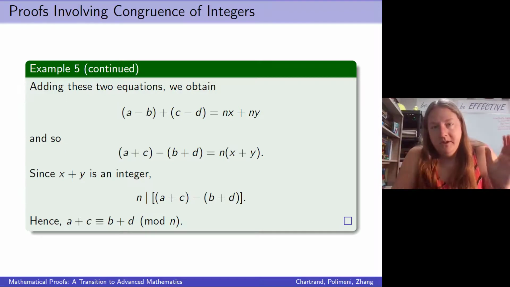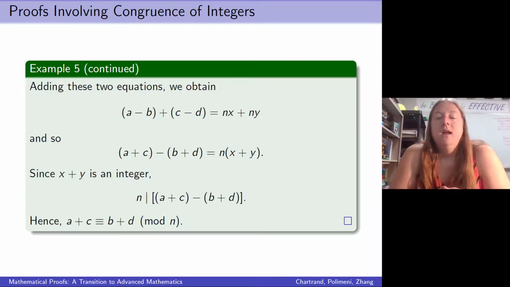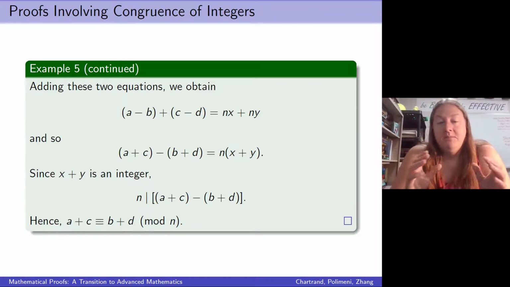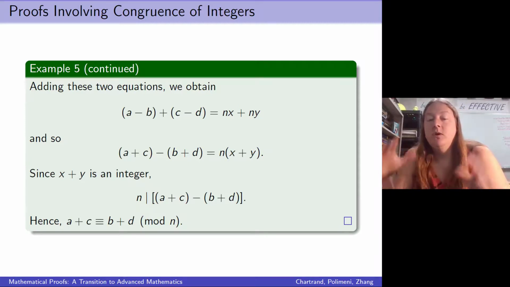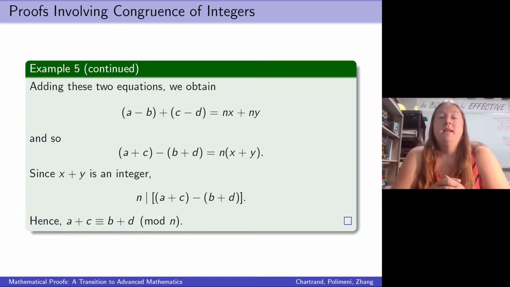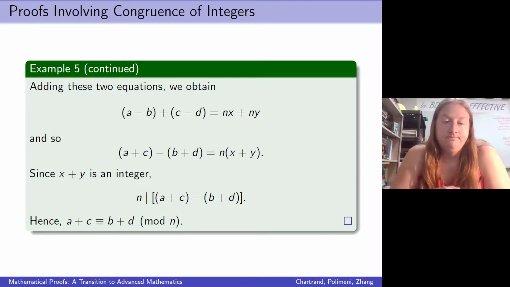Doing a little maneuvering, I can group my a plus c together, group my minus b minus d together and factor out the minus. So I end up with a plus c minus the quantity b plus d equals n times x plus y.